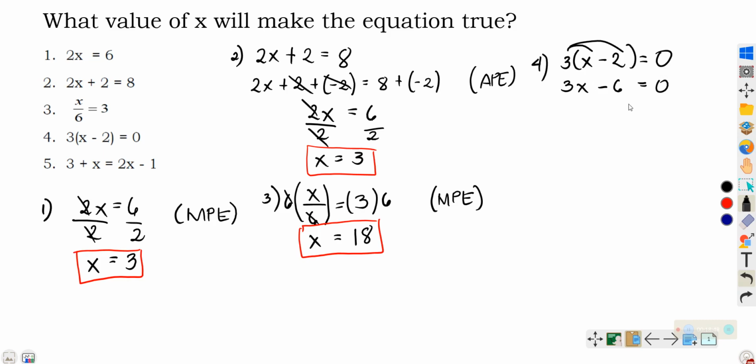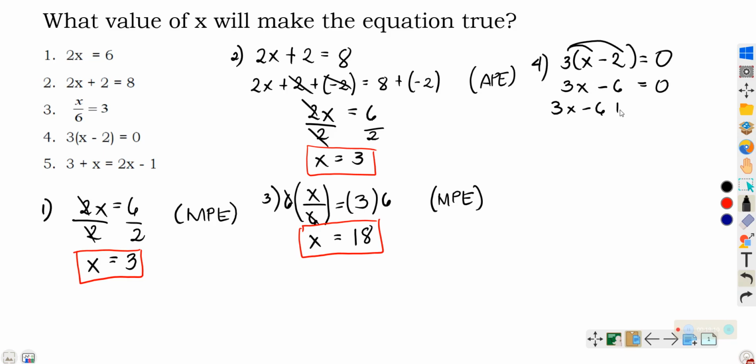And then, after nyan, ganun ulit, we are going to remove the constant term on the left side. Lagi po nating ililipat yung mga constant term sa right side. So, para maalis yung negative 6, ang opposite ng negative 6 ay positive 6, mag-a-add tayo ng positive 6.